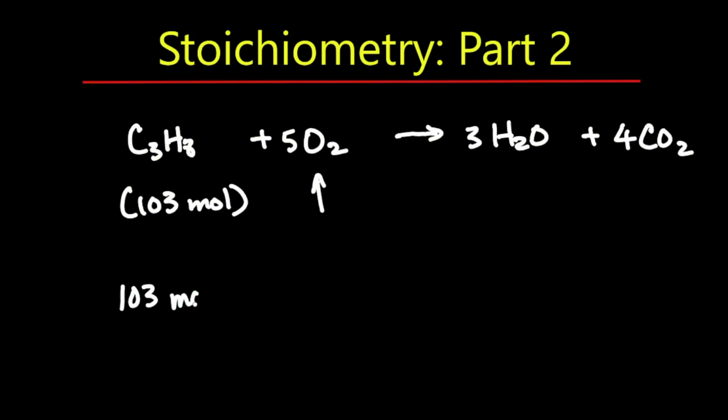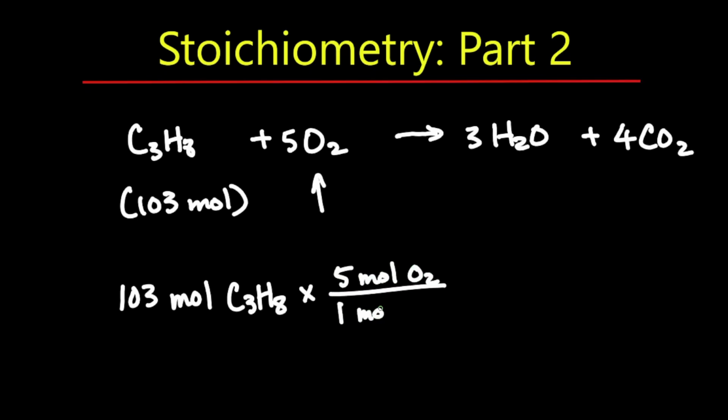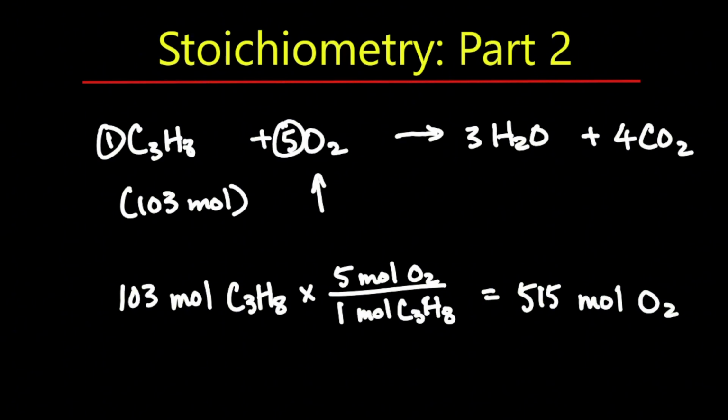We have 103 moles of C3H8, and we need 5 moles of oxygen per mole of C3H8 to combust it, as given here by the 1, invisible 1, and the 5. If we multiply these numbers, we get 515 moles of oxygen needed.